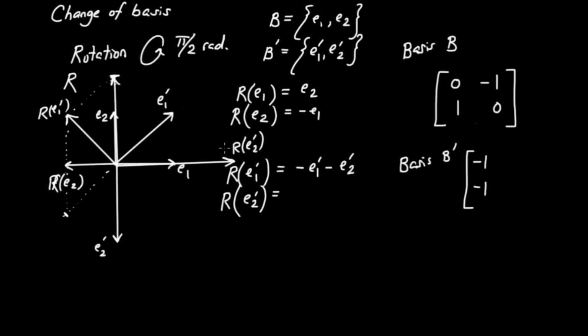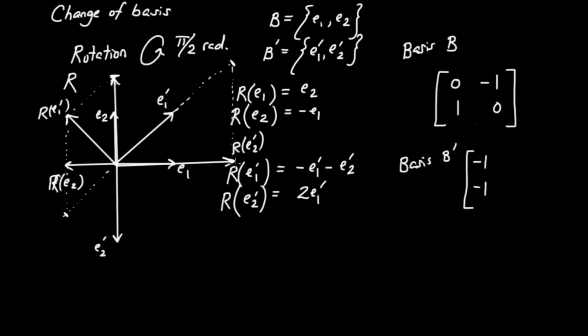So we use the same procedure as before. We trace parallel to E2 prime such that it touches there. So this is going to be 2 times E1 prime when you actually do the computation. And you can see that it's approximately 2 times E1 prime there.